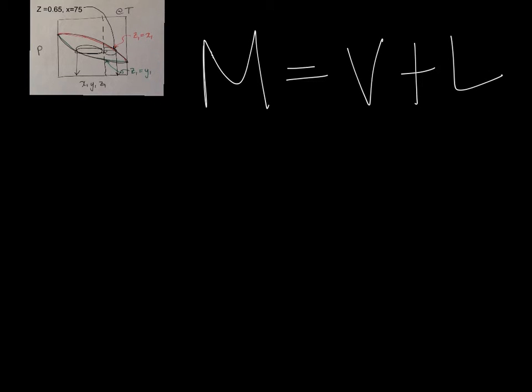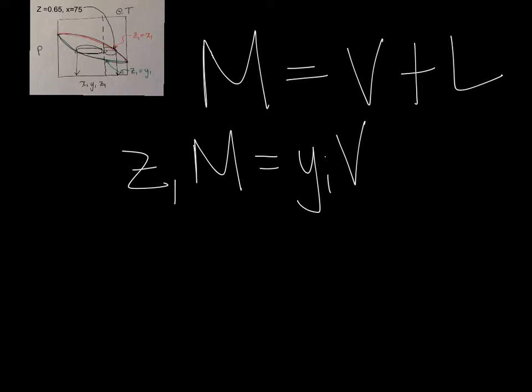So for this, we are going to apply a mole balance. If we choose an arbitrary total mixture, we know that it will split into a vapor phase number of moles and a liquid phase number of moles. A mole balance on component 1 says that 0.65 of this total number of moles must split into whatever is in the vapor phase plus whatever is in the liquid phase.